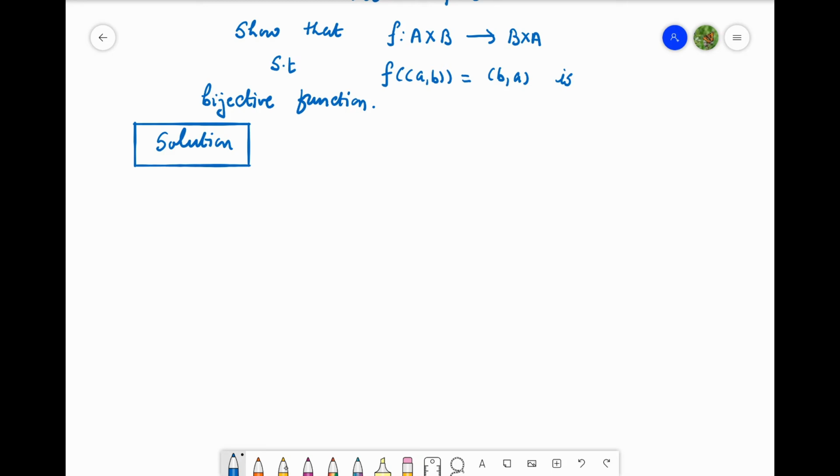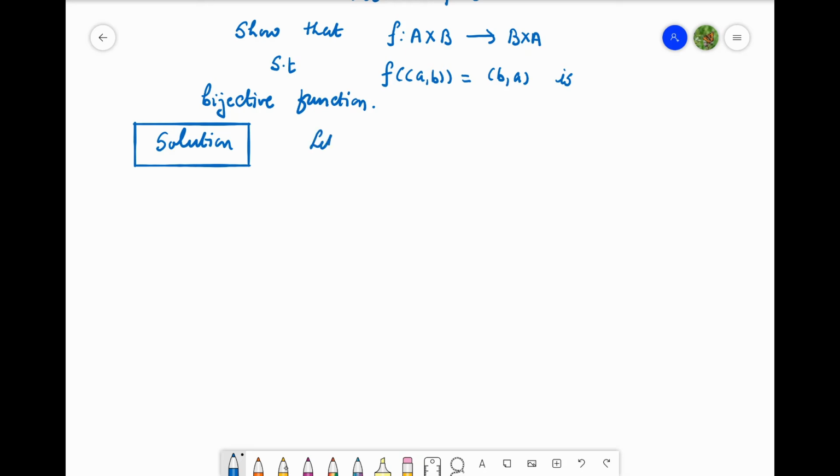So easily you can show that from the domain, when we take two distinct elements (a1, b1) and (a2, b2), normally we take f of x1 equal to f of x2, but here the domain is A cross B, so elements of A cross B will be ordered pairs.